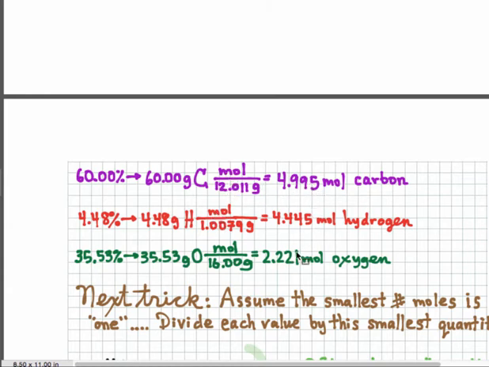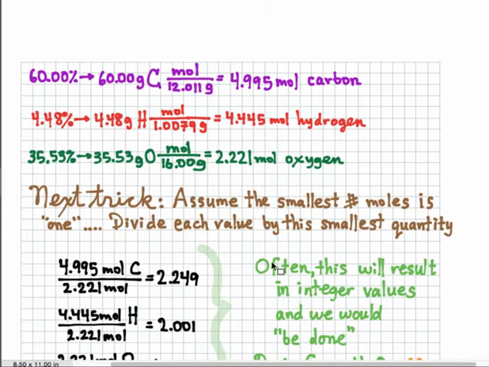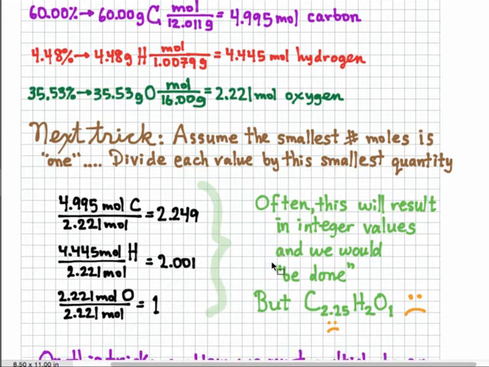Then, the next trick in this step is to take each of those mole amounts, 4.99, 4.45, 4.45, 2.221, and compare them to the smallest number, assuming this smallest number implies a 1 of those atoms in the empirical formula.